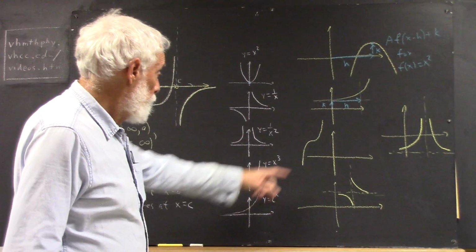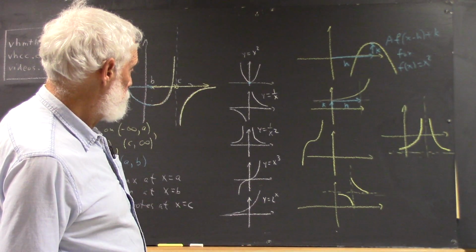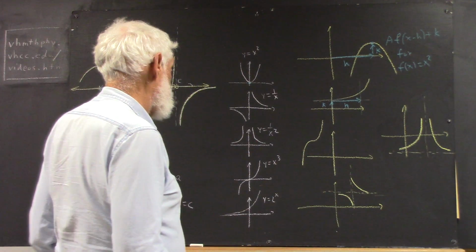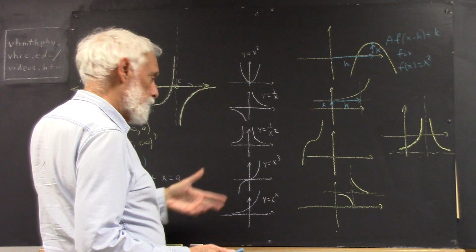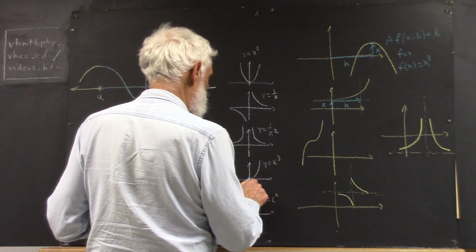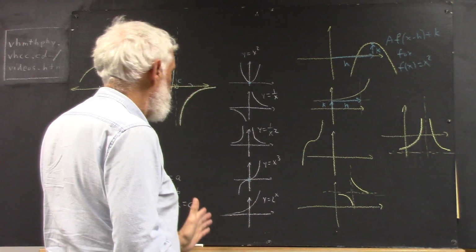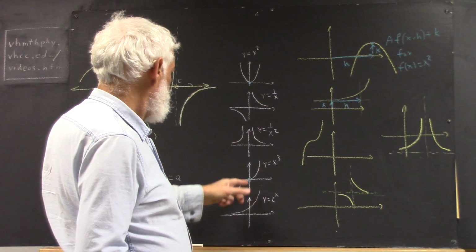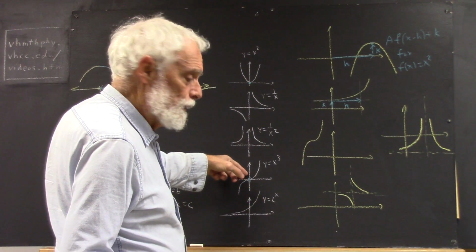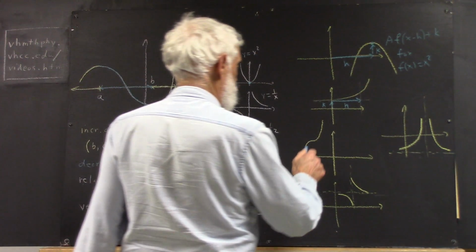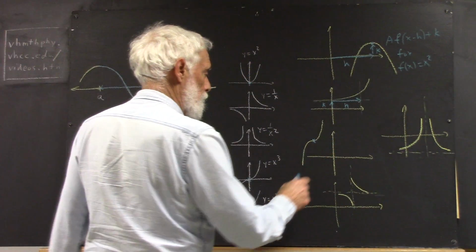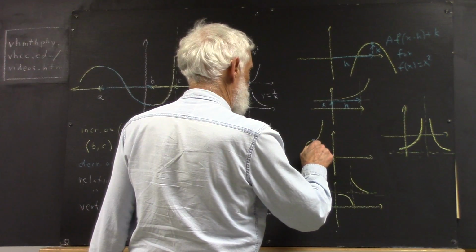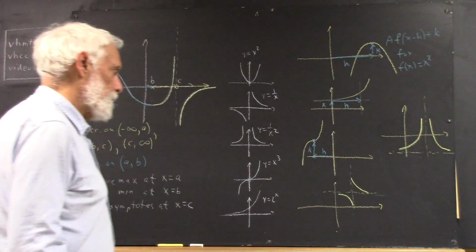Okay. Now, for this one, again, a little hard to see what the vertical stretch might have been, although we could do that, but let's look at the shifts. It appears that this distinctive point here, the point where the thing goes from being concave downward to concave upward, well, that is something we could kind of call a vertex. And that happens on this graph here tells us that our horizontal shift is probably this, and our vertical shift is probably this.